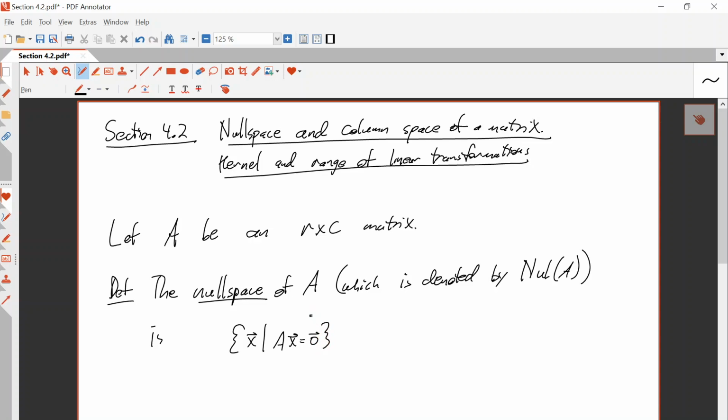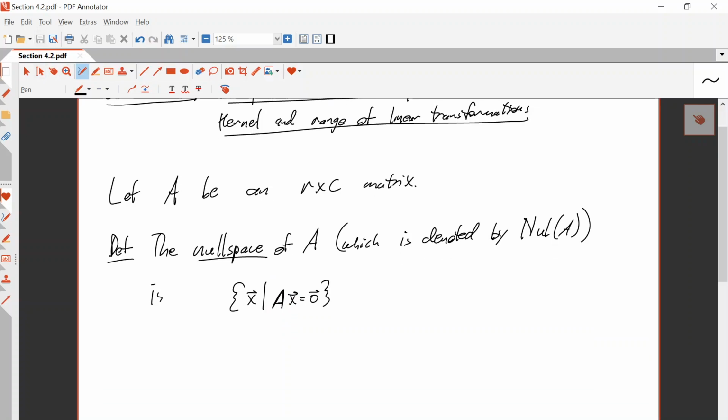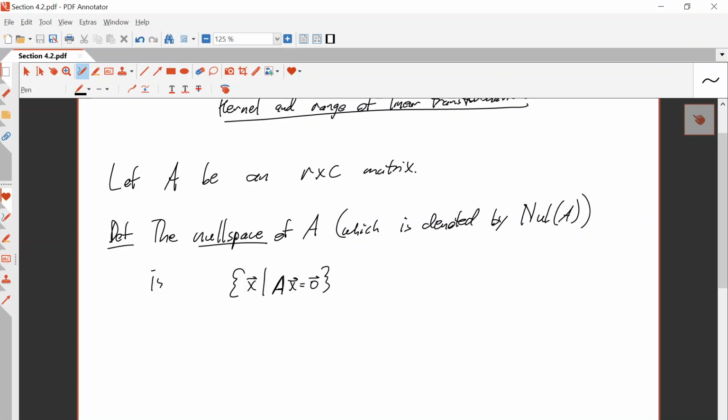So, we've looked at this type of equation many times before, right? A matrix equation, A times x equal to 0, which is always consistent and either has a single or many solutions.